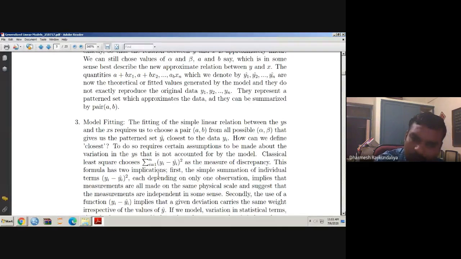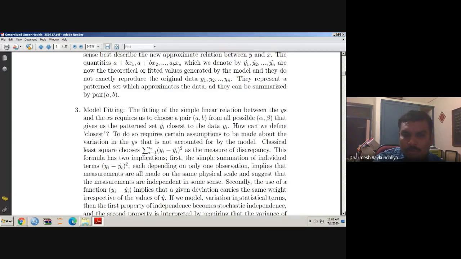That means every term contributes equal weight in this particular summation. So that is what is happening in the theory of least squares: the assumption of independence is there, and similarly it is saying that all the residual squares have equal weight.